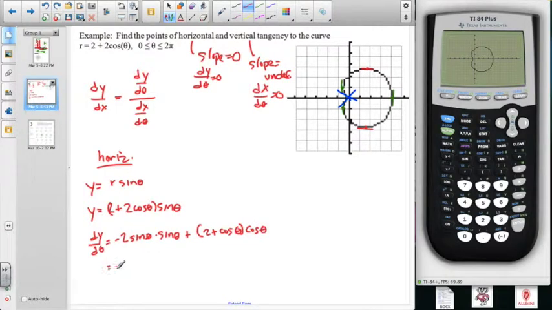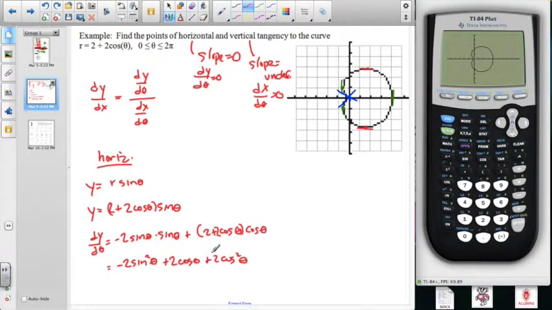So we end up having a derivative that looks like minus 2 sine squared theta plus 2 cosine theta plus, there's a 2 here, 2 cosine squared theta. So we end up having a relationship that looks like that.